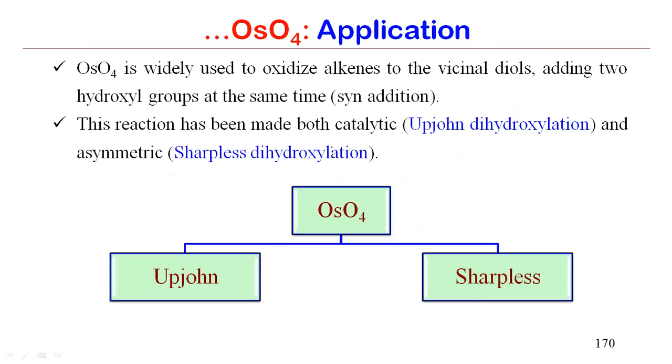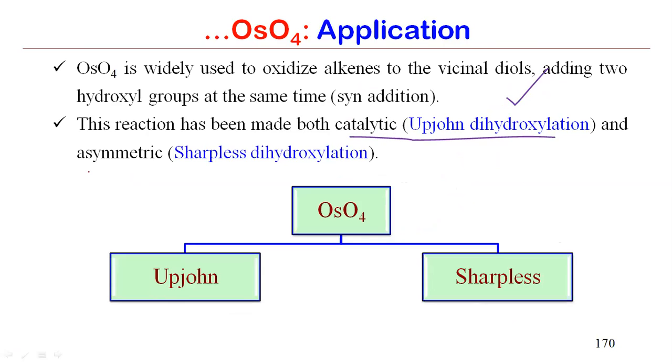Now, if you see the oxidation of alkene in the presence of osmium tetroxide, the first one is of course the Upjohn dihydroxylation reaction, which is catalytic oxidation of alkene in the presence of some oxidizing agent.